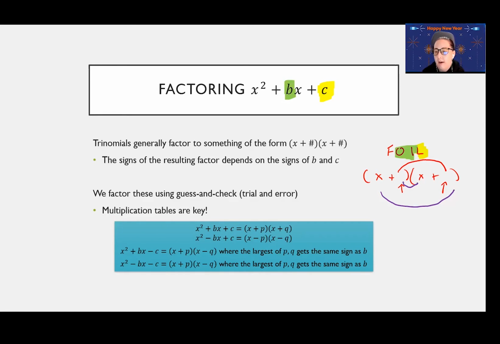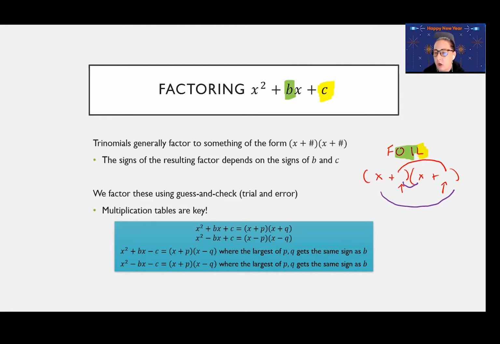So when we're factoring, we're kind of reversing that process. We're looking for those 2 open spots, those 2 numbers that when you multiply them, give you the last number, but when you add them together, they give you the middle number. And that's essentially what factoring is.